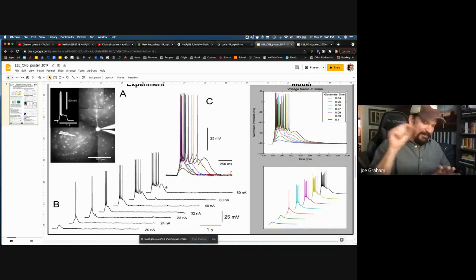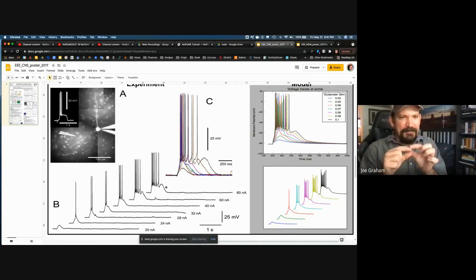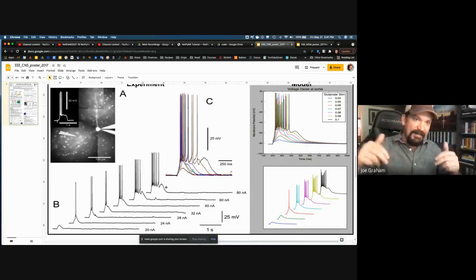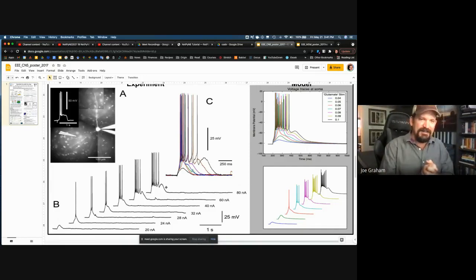You can set a location or a dendritic branch you want to do a puff on, and you set the middle of the puff location. And then what the model does is, in the middle of the puff location, it adds a lot of neurotransmitter. And as you move away from the middle of that puff location, less and less glutamate hits the synapses there. You know what I mean?